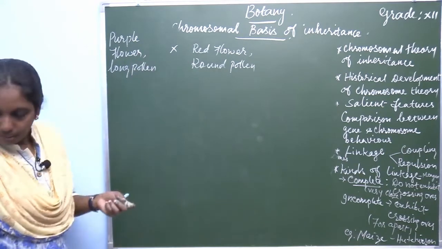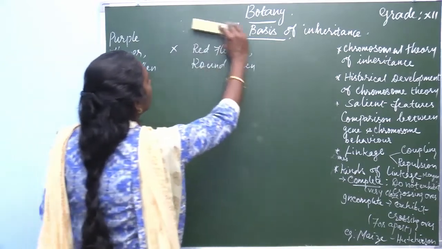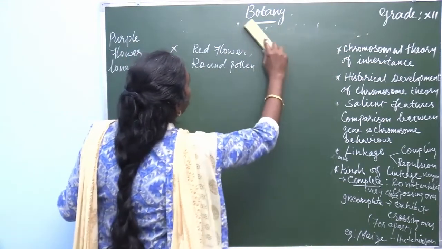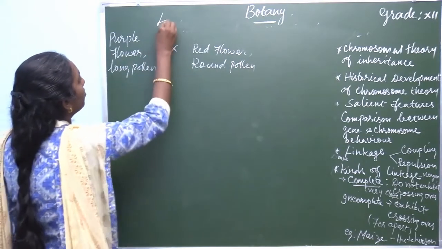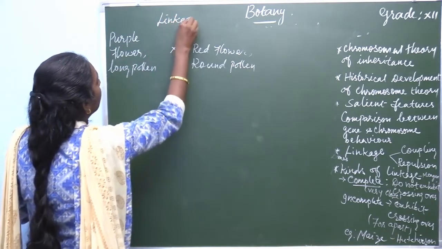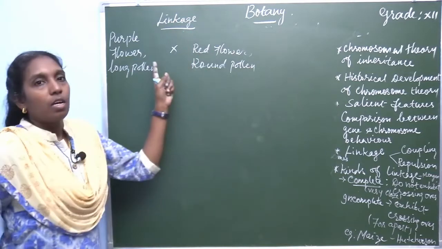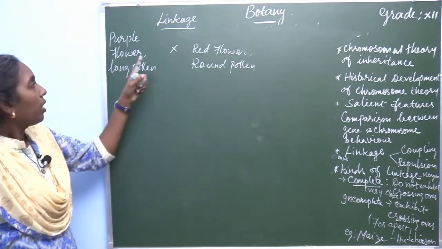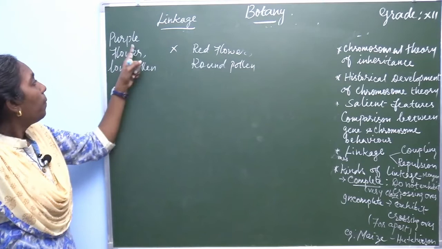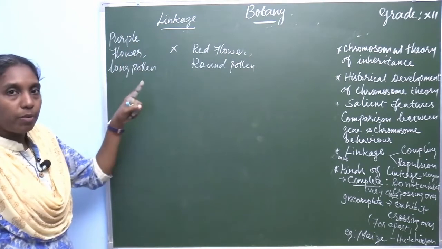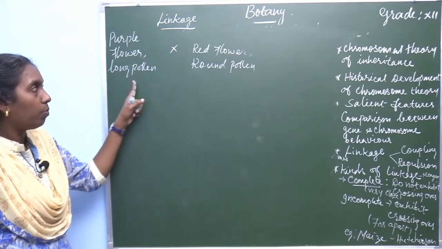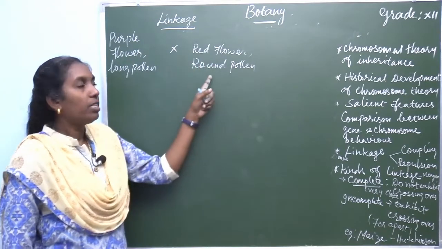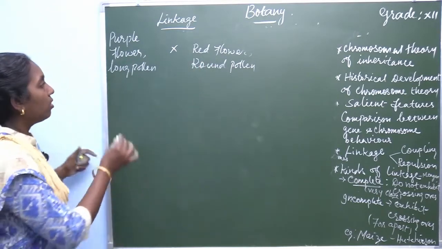The characters chosen by Bateson and Punnett are purple flower with long pollen and red flower with round pollen in sweet pea, Lathyrus odoratus.